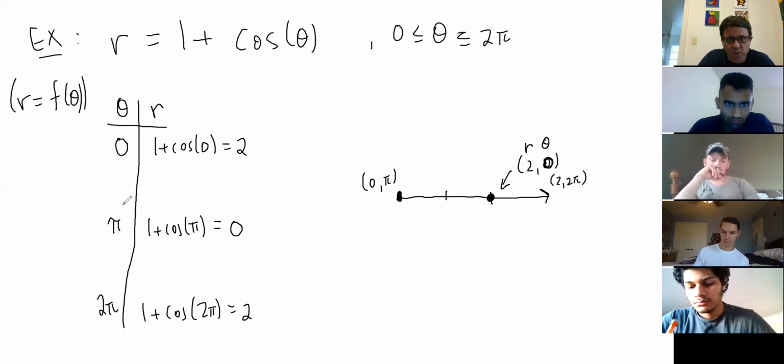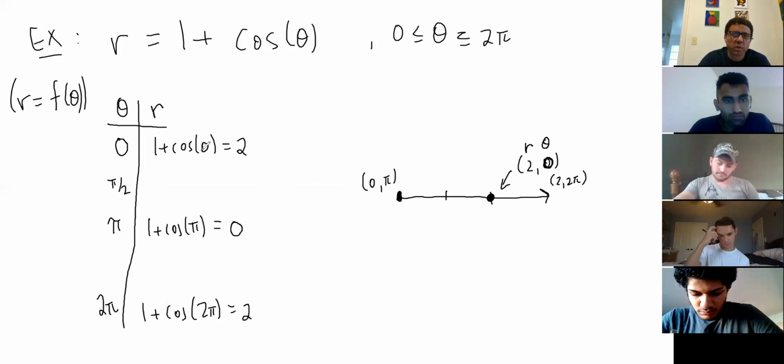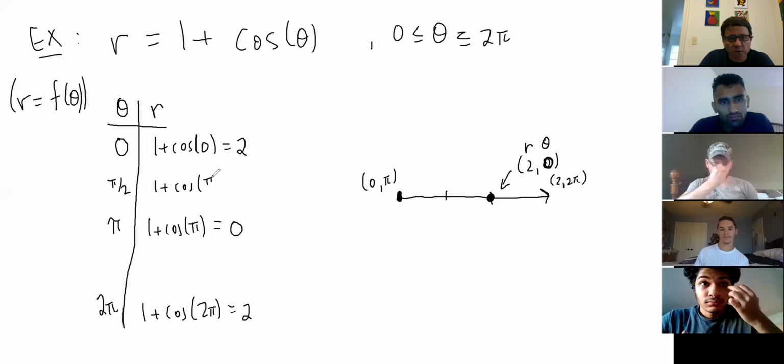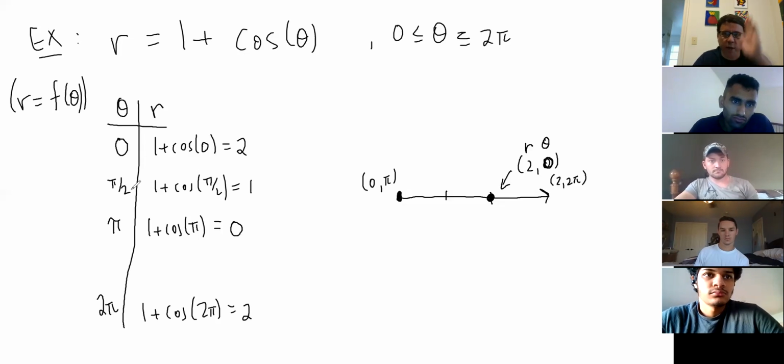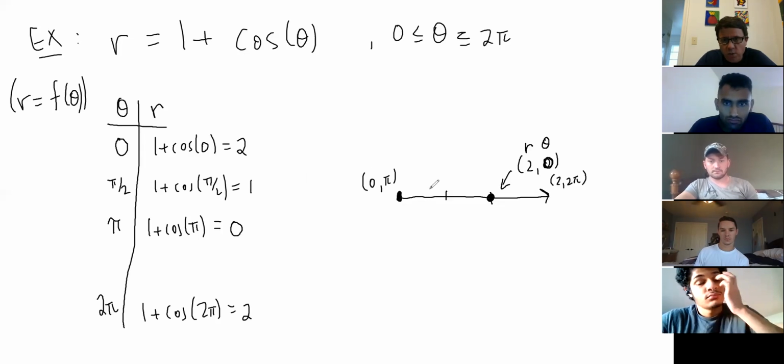Let's pick some points in the middle. So 0 and 180, let's just pick a point in the middle at 90. So I'll have 1 plus cosine of pi over 2. Cosine of 90 degrees is 0. So I'll get 1 plus 0, so that's 1. That means I rotate 90 degrees and I go 1 unit out. So I rotate to 90 degrees, which is straight up, and I go 1 unit out.